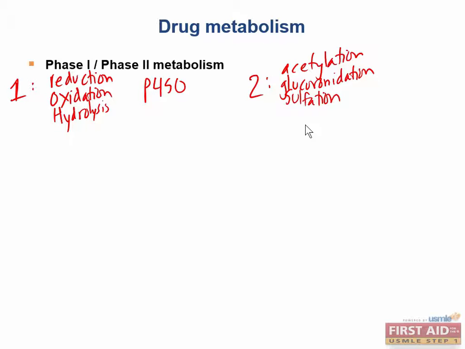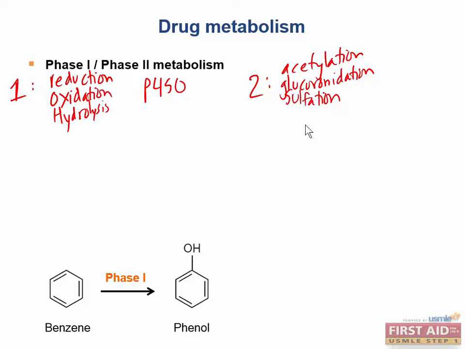Now, to illustrate the concept of metabolism, I have an example here to show how benzene gets turned into a phenyl sulfate by phase 1 and 2 metabolism. So first, we have our benzene here, and it's going to get turned into a more water-soluble molecule via phase 1 metabolism in the P450 system. So at this point, the metabolite, or phenol in this example, may still be active and have some unique actions on the body.